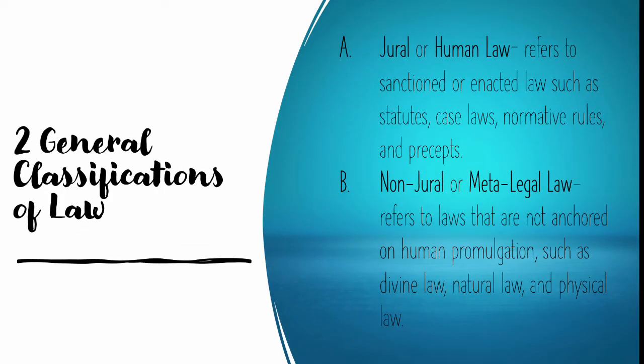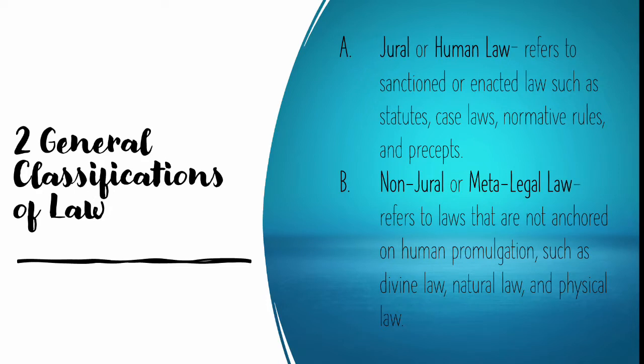Having defined law, let us now look at the classifications of law. There are two general classifications of law. They are jural or human law and non-jural or meta-legal law.